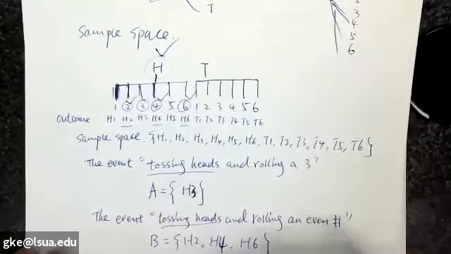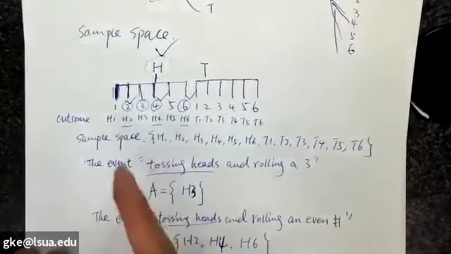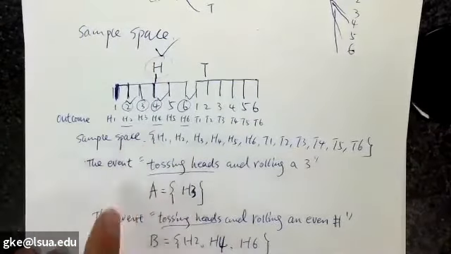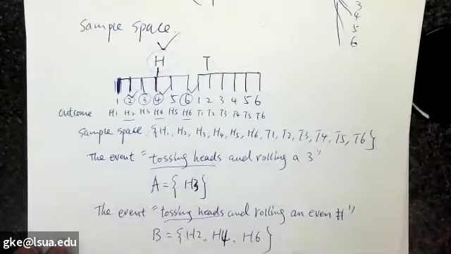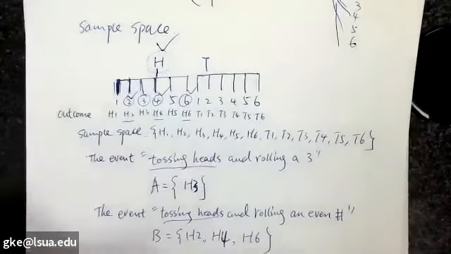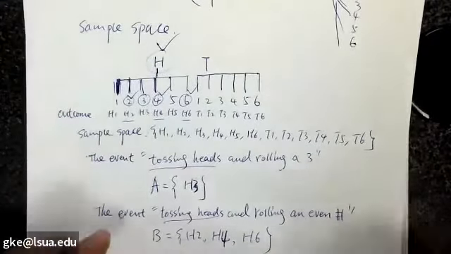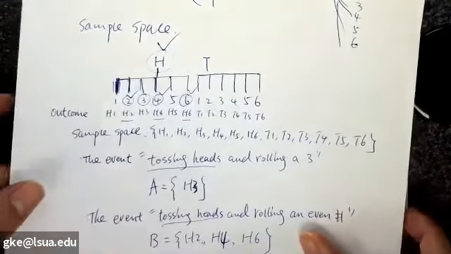That's the event. An event means choosing all the outcomes that satisfy this condition. That's the definition. H2, H4, H6. Now I'm going to give you another example.